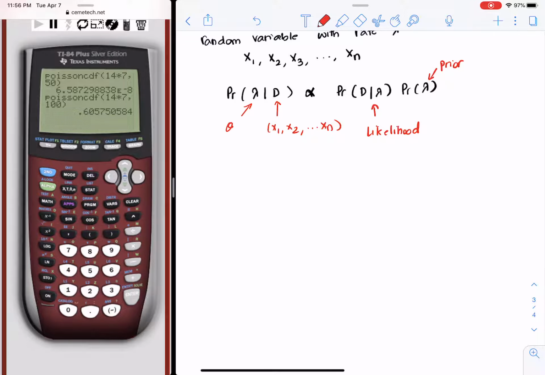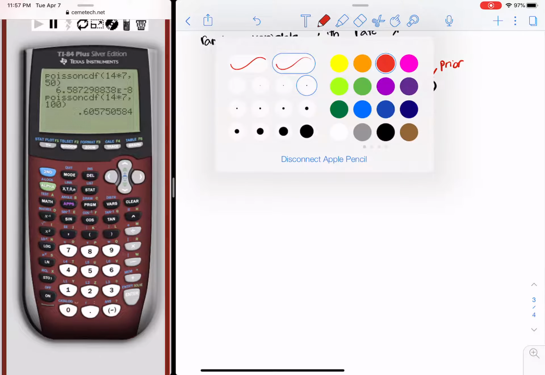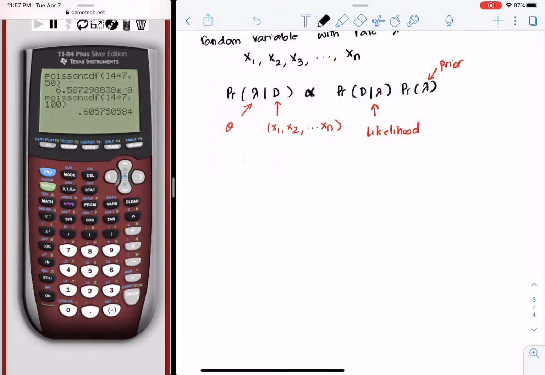So the likelihood here, just like we did for binomial, we have n observations, so x1 all the way up to xn given lambda is simply the product from i equals 1 to n of the probability x is equal to xi.